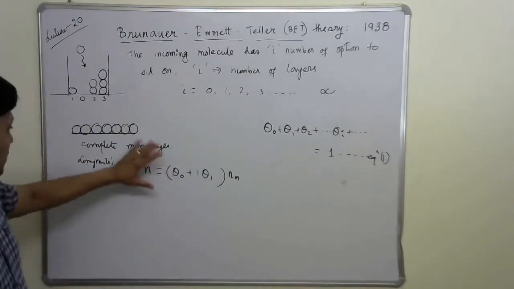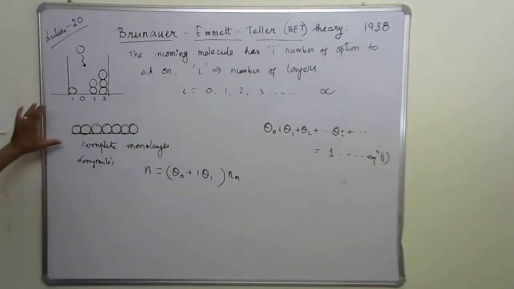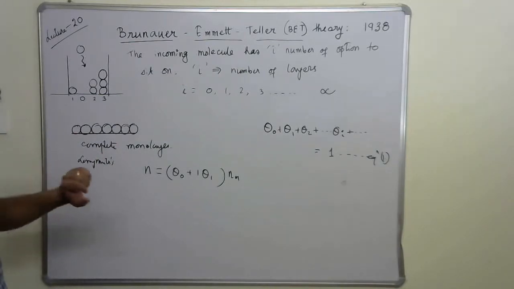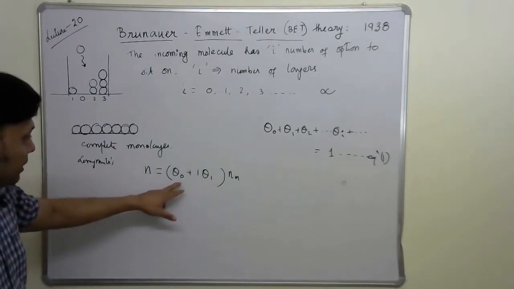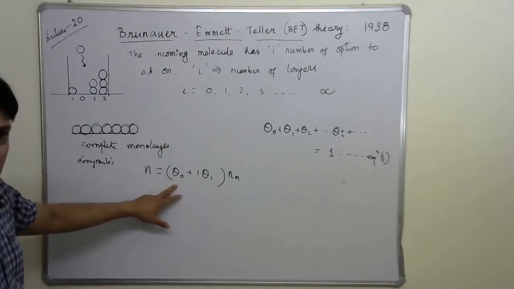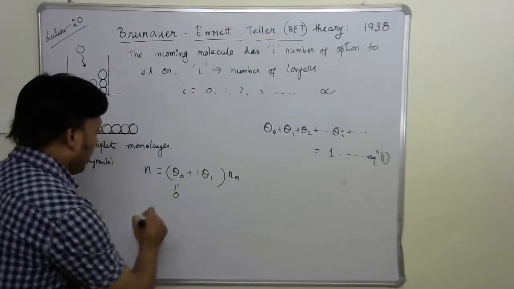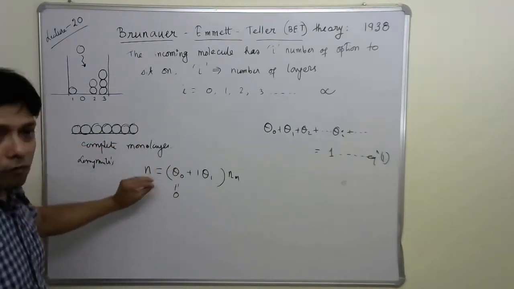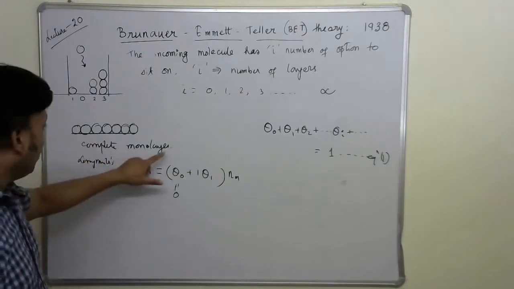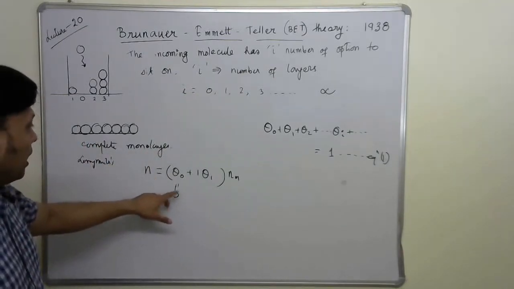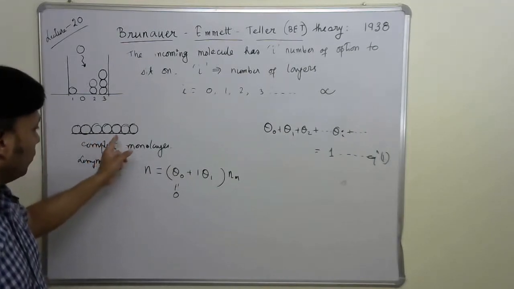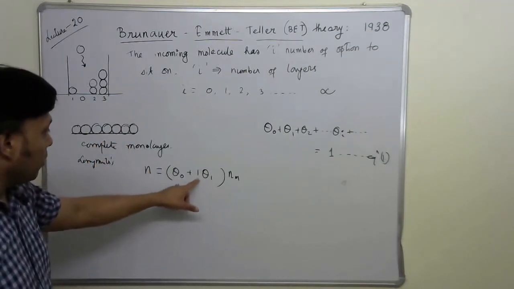So that means in Langmuir's model, where we are in the process of forming only a complete monolayer, what happens? Theta 0 is essentially 0 because we do not have a single fraction that is uncovered. So for a complete monolayer, theta 0 is equal to 0. And for every fraction covered by one molecule, so for every theta 1, we have one molecule.